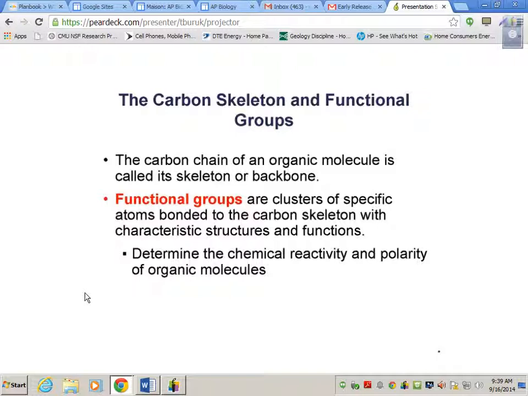We'll talk more about that too. But it's going to determine the chemical reactivity and polarity of an organic molecule. When I say polarity, do I mean that molecule has a charge? No, it means probably different ends of the molecule are going to be not charged, but contain either more or less electronegativity, right? Just like water.